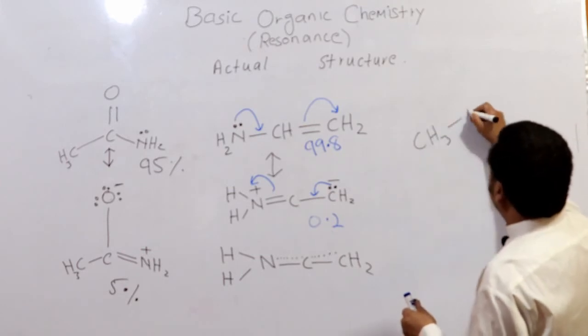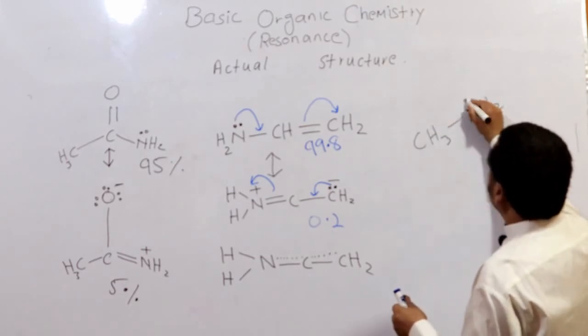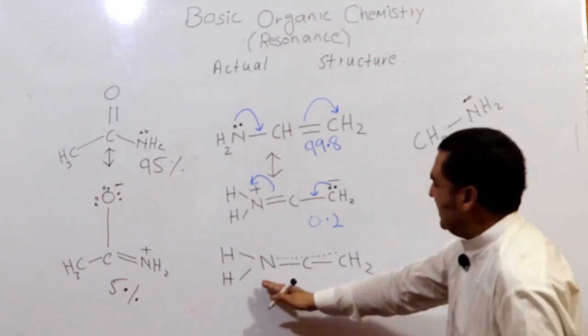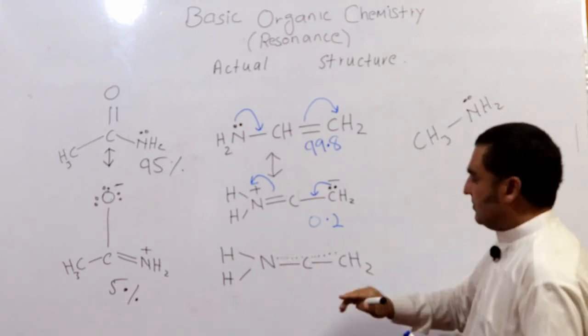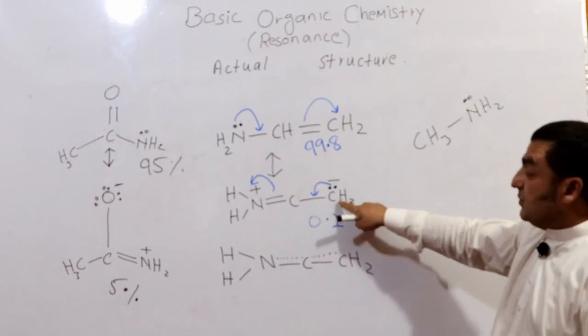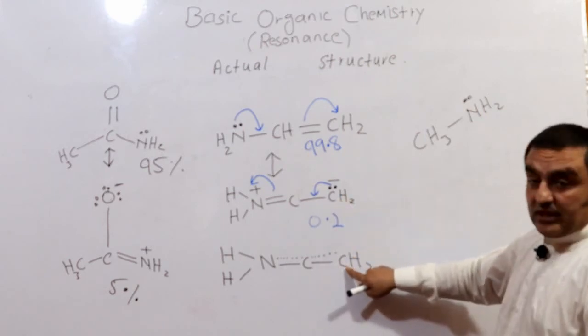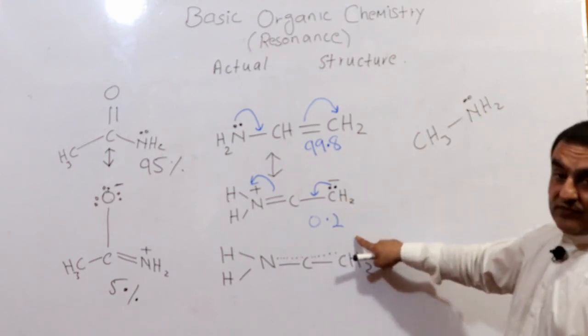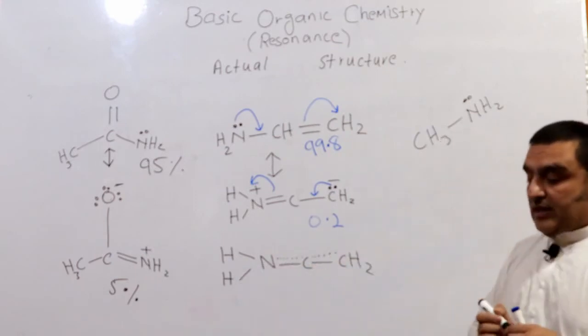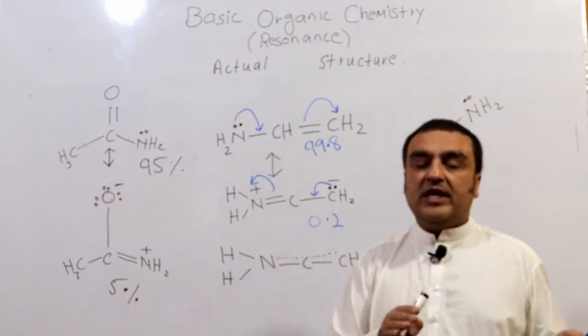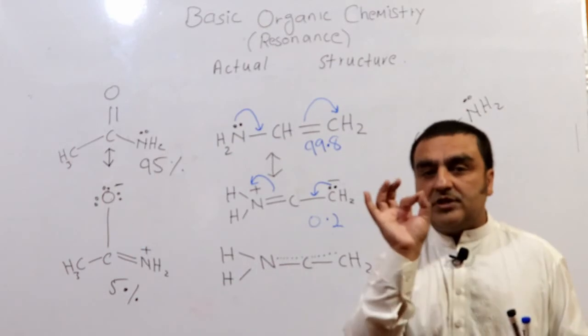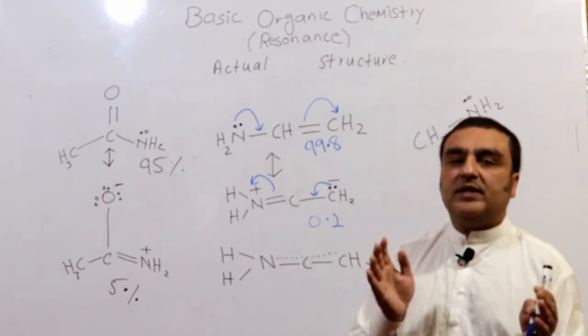Suppose this is CH3 and H2. It has, suppose, 100%, so this has a little bit less, 99.8 or something. But as for the basicity, 0.2% is a very big thing.